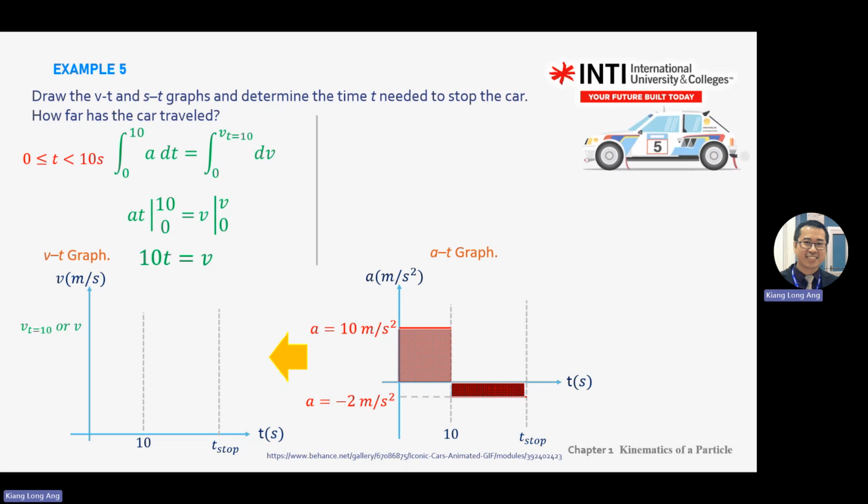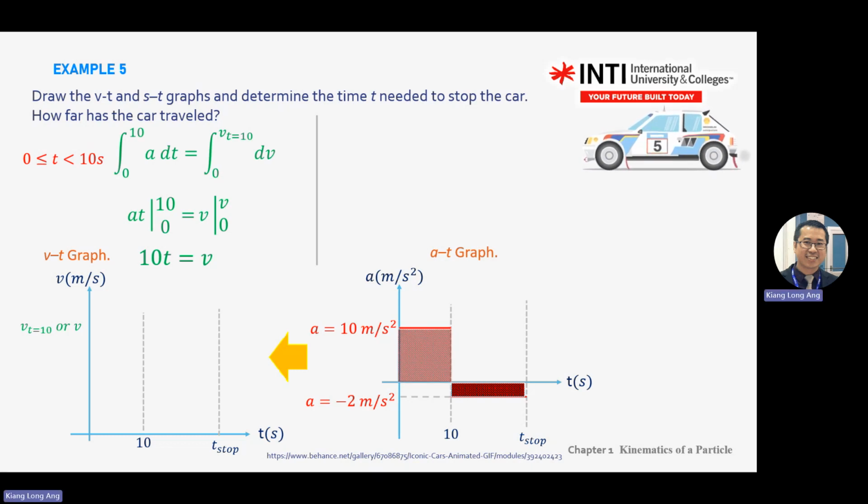And the gradient is positive. So you know the gradient of a linear line, right? Positive, it goes up like that. Negative, it goes down. So if a is more than 0, it goes up, and if a is less than 0, it goes down. Make sense? So how to draw?